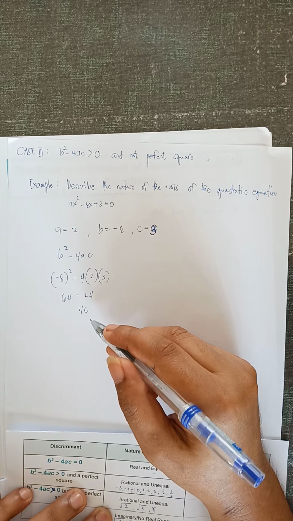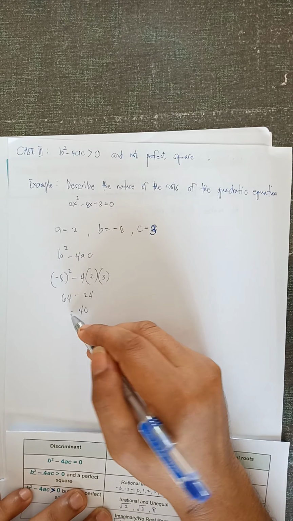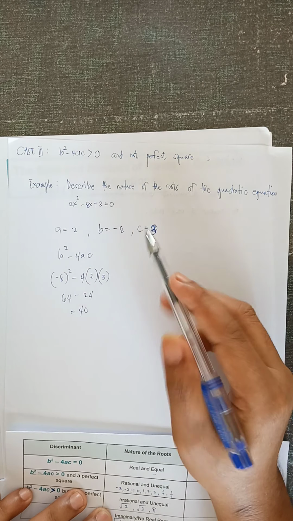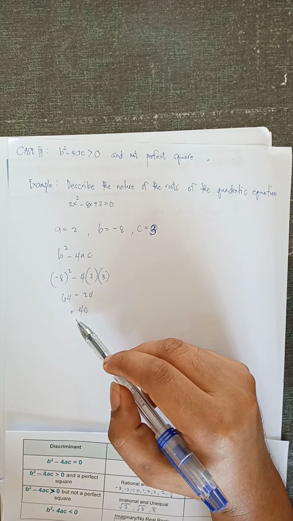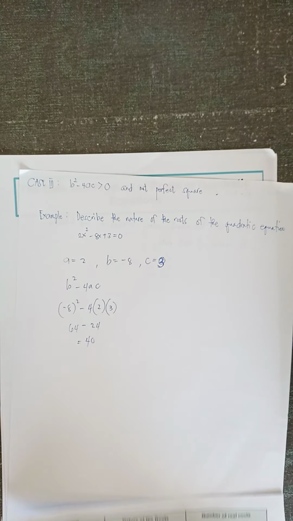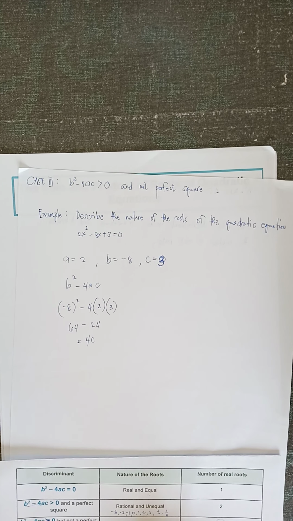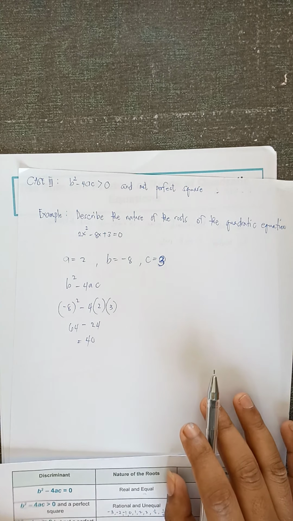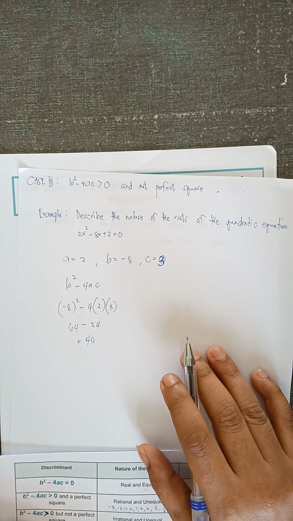Now 40 is greater than 0. So it is greater than 0, but it is not a perfect square. Right? It is not a perfect square. So again, what is the meaning of perfect square? The product of a rational number multiplied by itself. So it is not a perfect square. Okay.